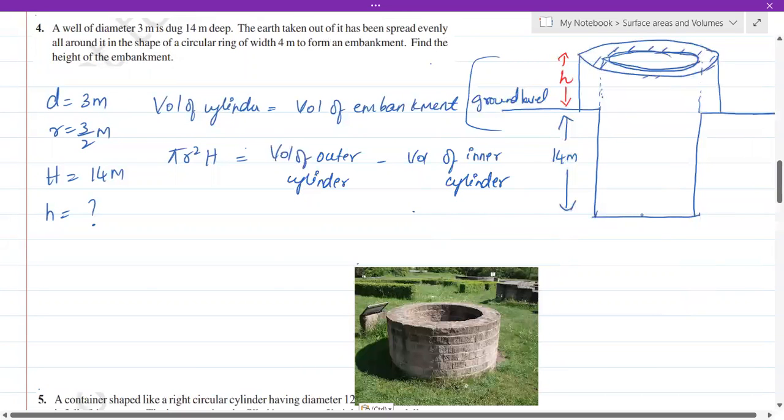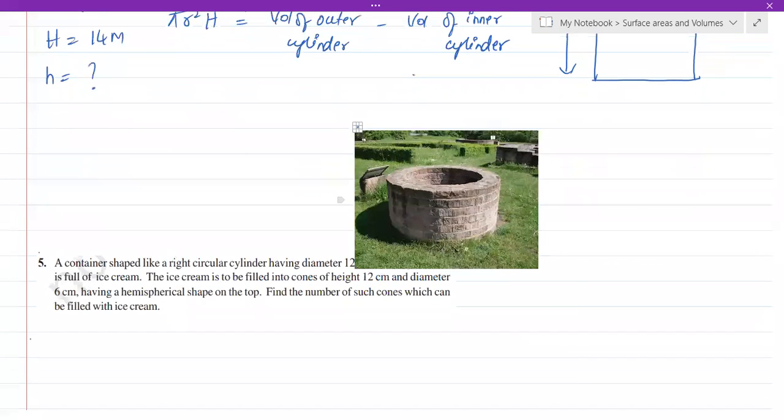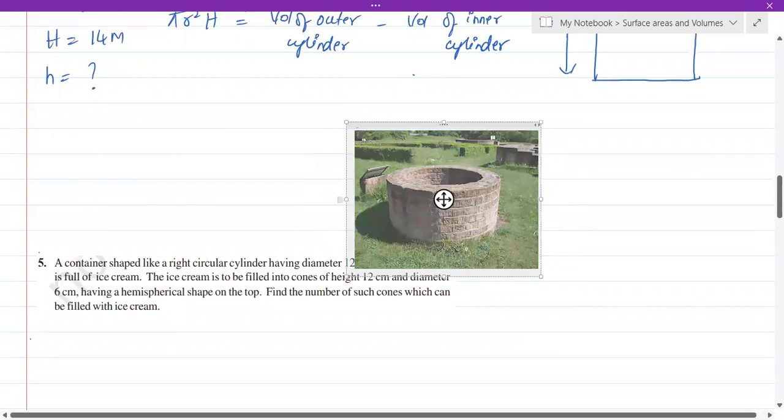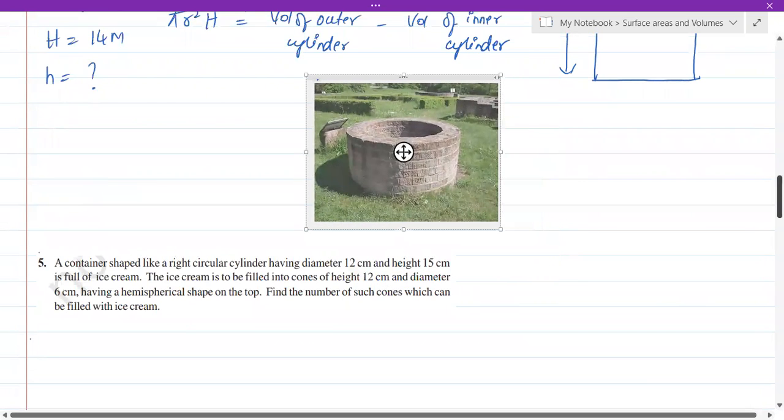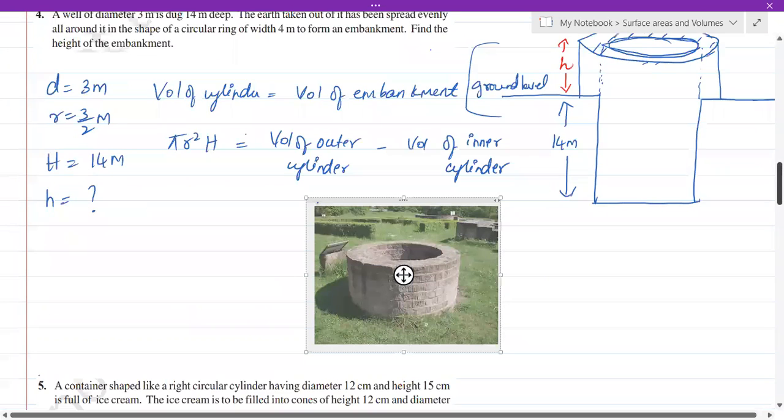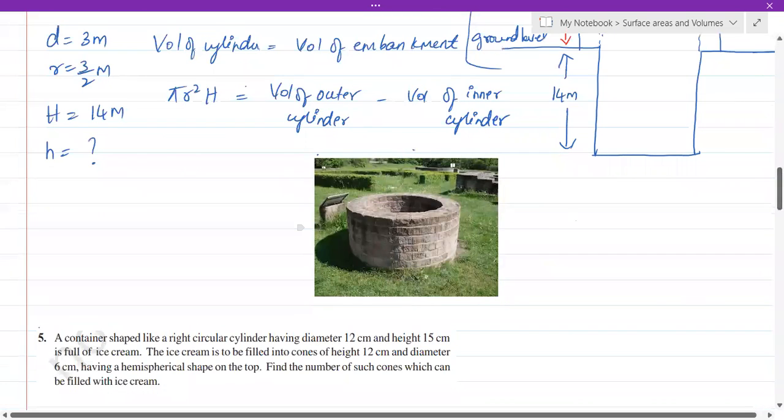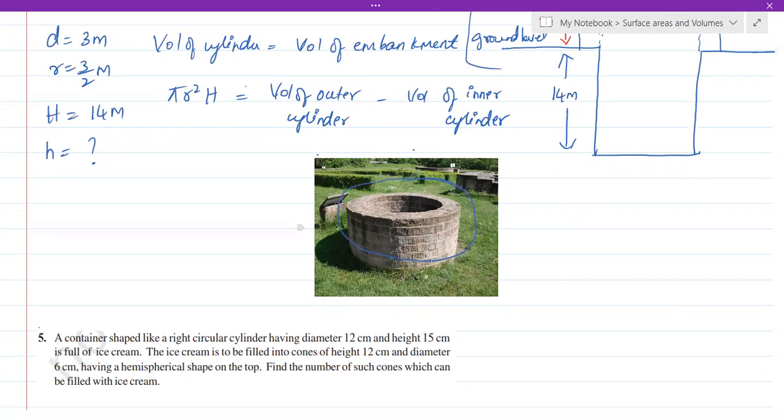Let us observe from the figure itself. Here we need the volume of this embankment. How do we find it? Let's find the volume of the outer cylinder.